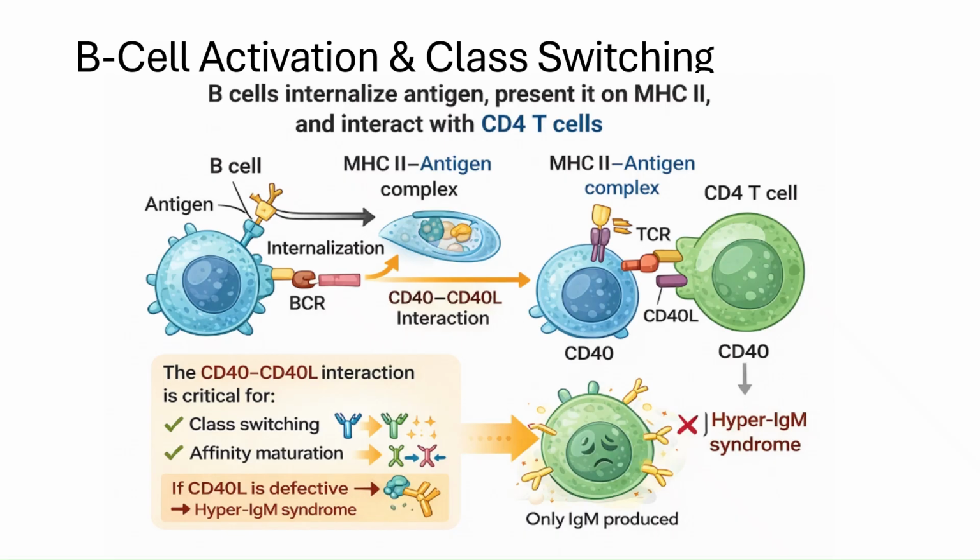Key clinical consequences are recurrent pyogenic infections and opportunistic infections. That's because macrophage activation via CD40 also fails, and there are no germinal centers in your lymph nodes.